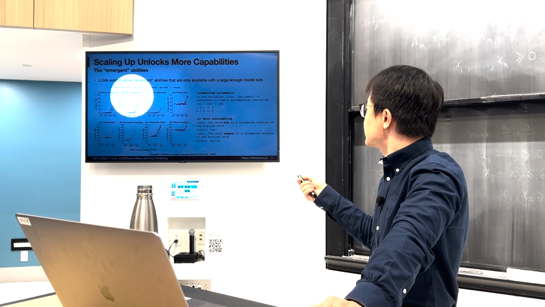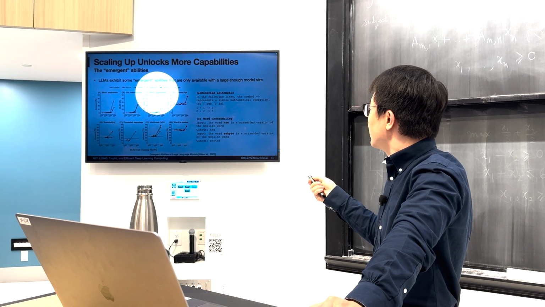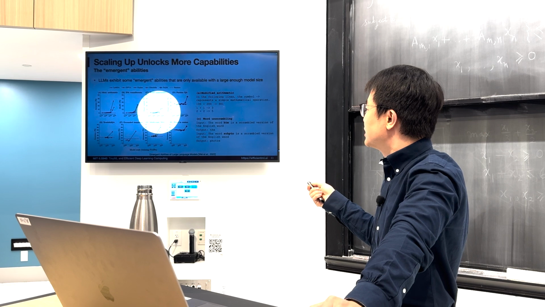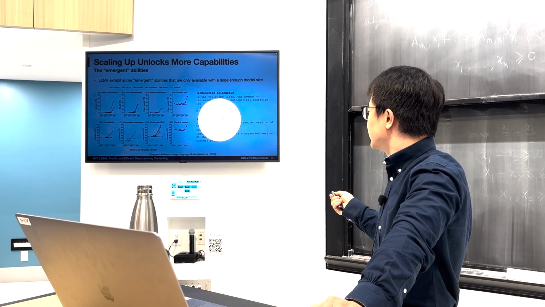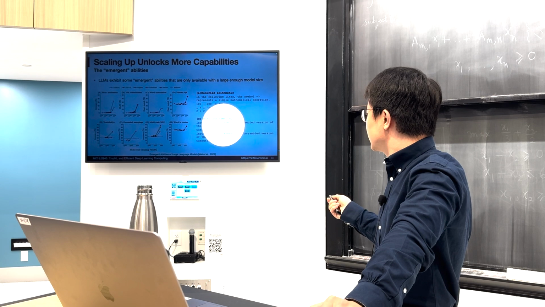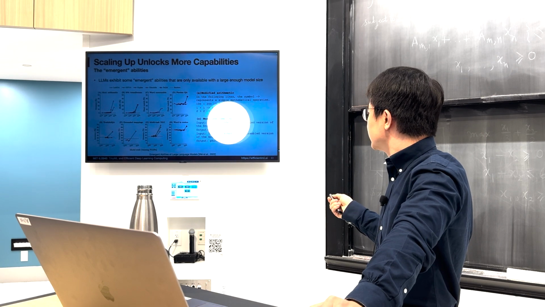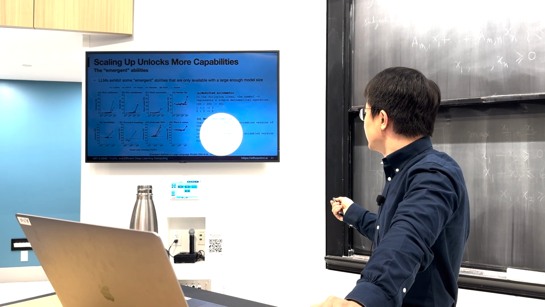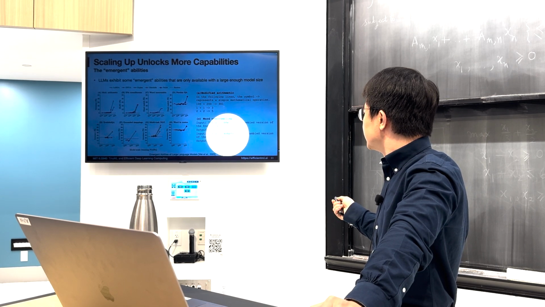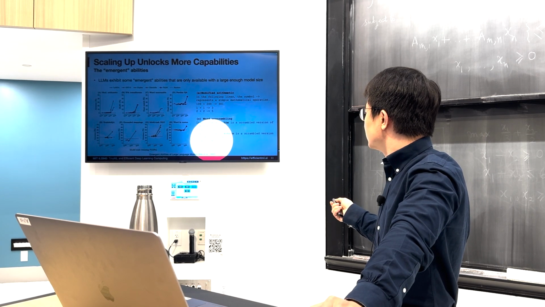Similarly for other tasks, like word unscramble, the capability suddenly increases when the model is larger than a certain threshold. What is word unscrambling? The word HTE is a scrambled version of the English word the. And similarly, the word SOHPTO is a scrambled version of the English word photos.